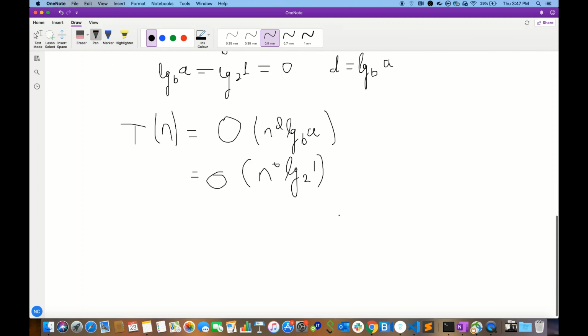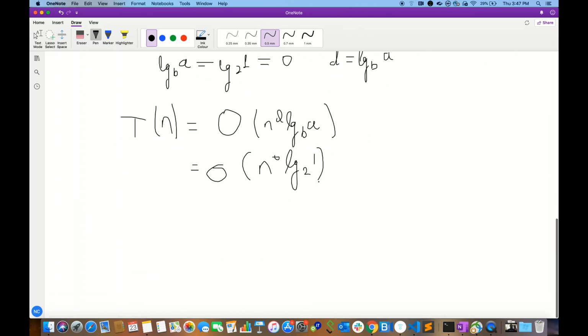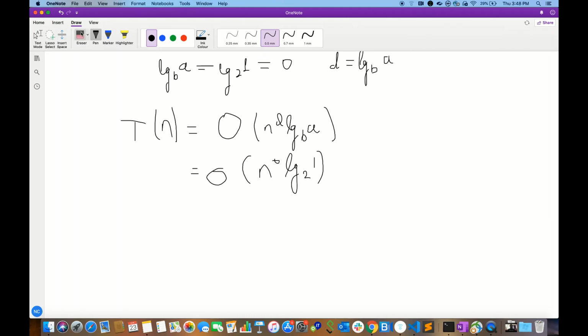Sorry, I just noticed that I misspelled it, so we need to replace it here. It is log of n. So it gets reduced to big O of log n. So this is the actual time complexity of binary search as well.